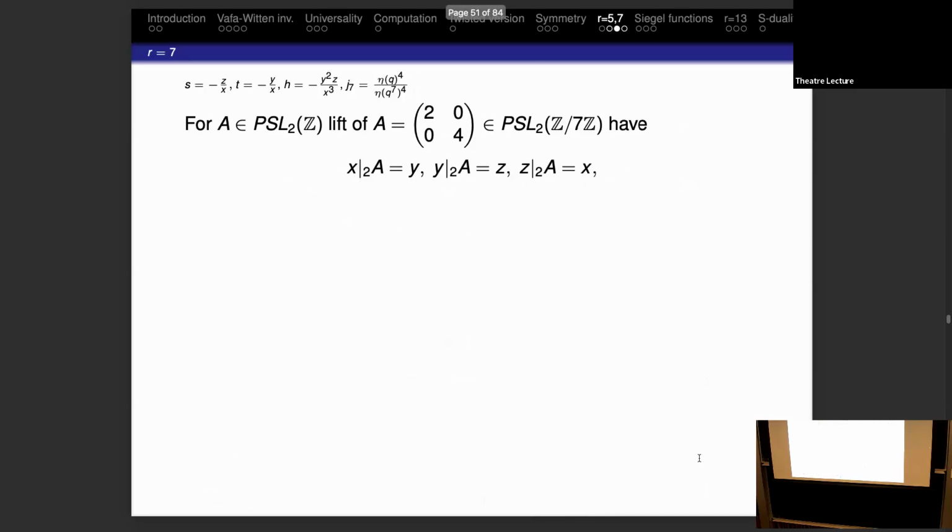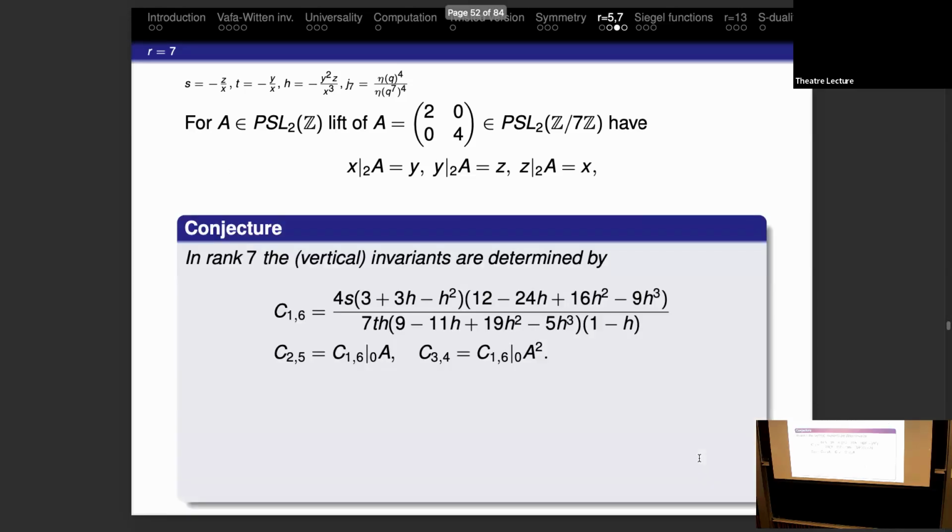In terms of this, we can also see that this element which generates the quotient of gamma 0 divided by gamma 1 acts by sending x to y and y to z. So we have a nice cyclic permutation of the coordinates. And if we do this, we get that the invariants are given by this formula.